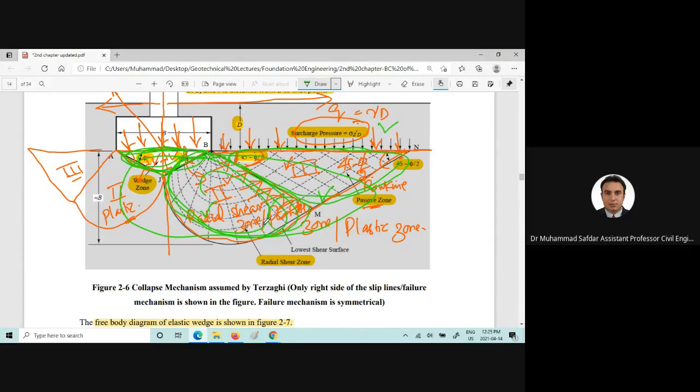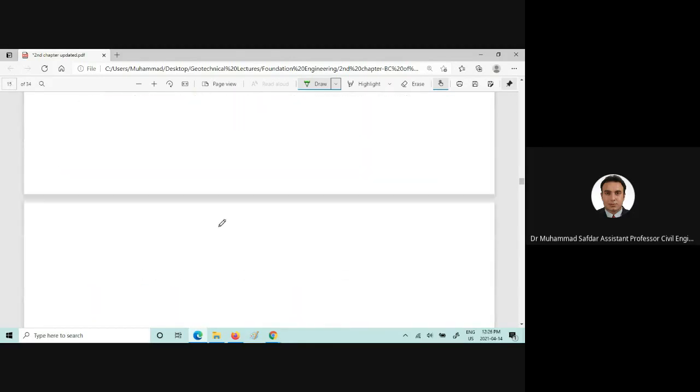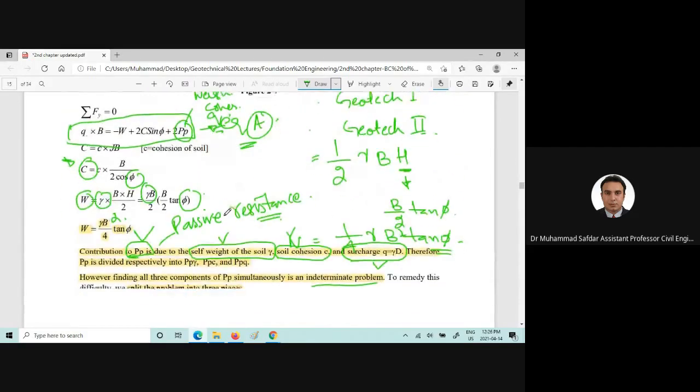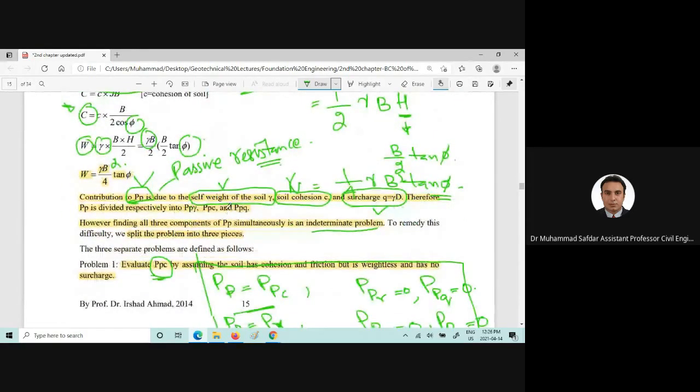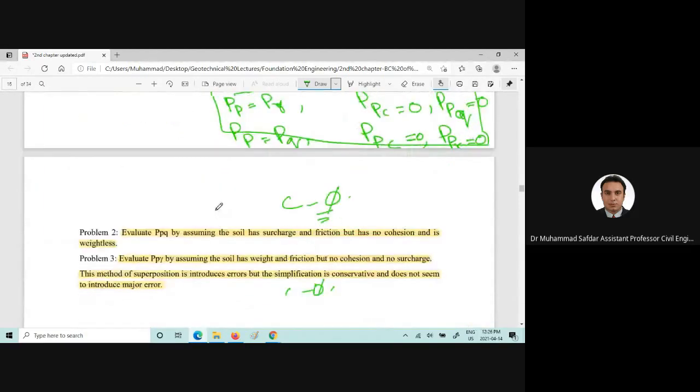Prandtl proposed that in the 1920s, and after a few years Terzaghi proposed this theory. That's why he is naming it the Prandtl zone as well. So these are basically related to the different names of the researchers and the work they have done. Okay.